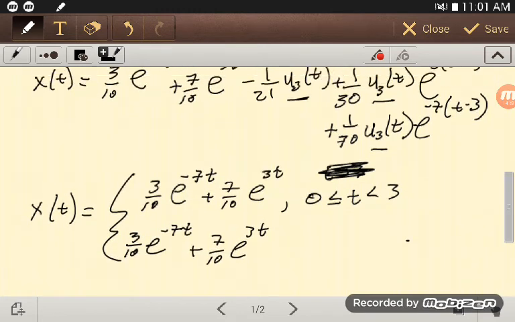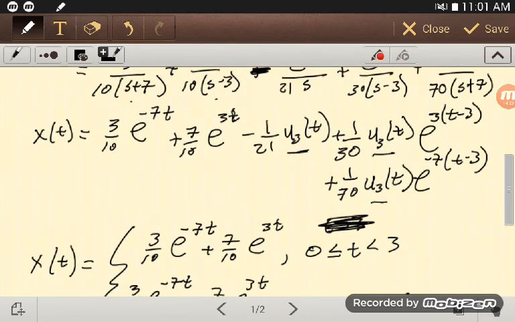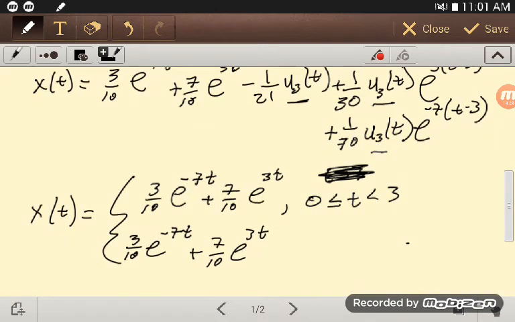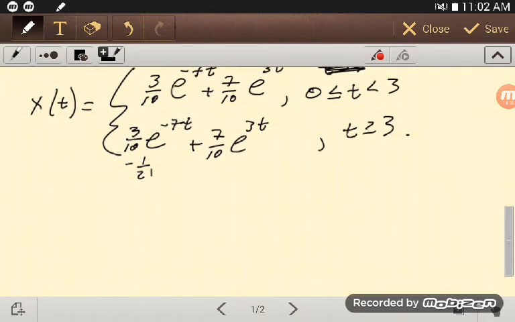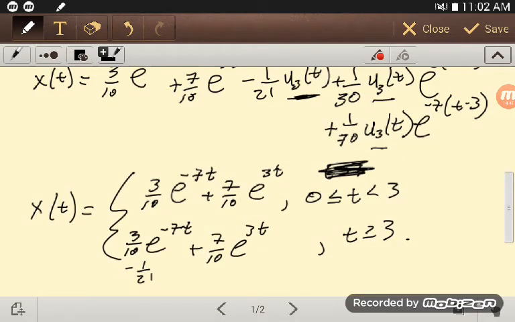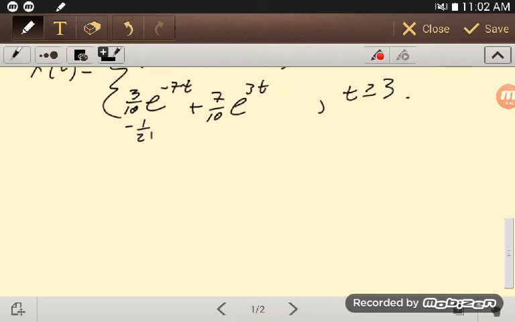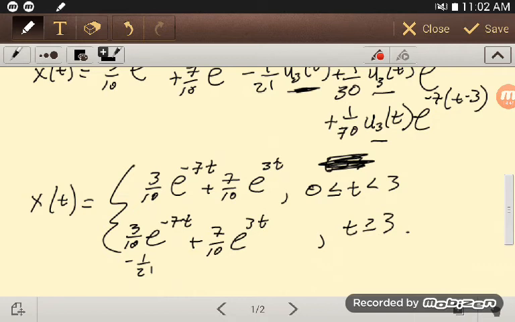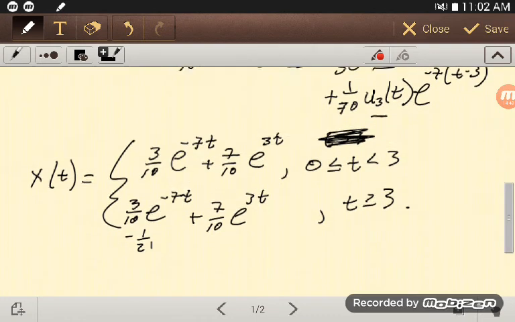Then we have minus 1 over 21, and notice I got rid of the u3t because here t is greater than or equal to 3. So minus 1 over 21, whoops. I think I finally figured out why that's doing that. I think I get my left thumb over this thing.